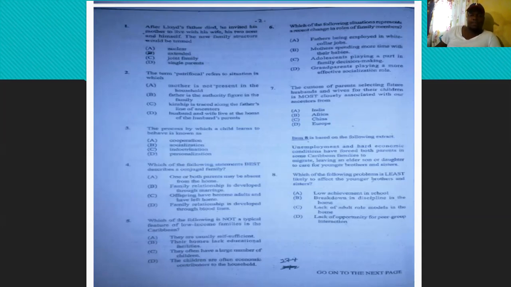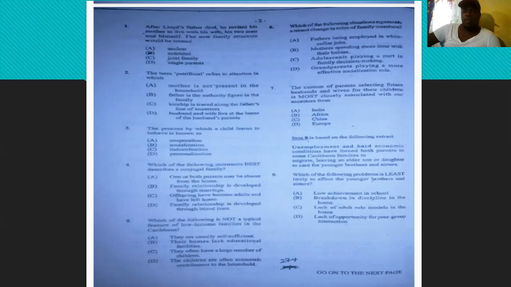The one that is not, they are usually self-sufficient. They can't provide for themselves. They usually depend on a lot of social services. The government helps them out, and many times the kids have to contribute economically as well. Either they go look for a part-time job, or they help out with any small business that might be at home. So if the mother runs a stall, or they have a little small farm or something like that, the kids usually help out.